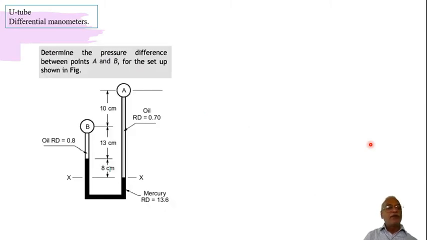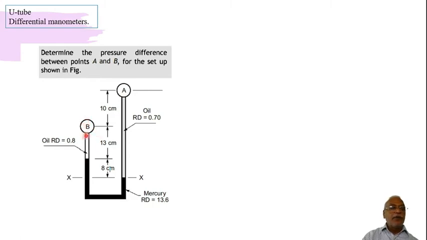Okay, we'll solve a numerical problem, so that whatever we have discussed can be applied. Now in this case, there are two pipes A and B which are at a vertical height difference of 10 centimeter, connected by a U-tube manometer.